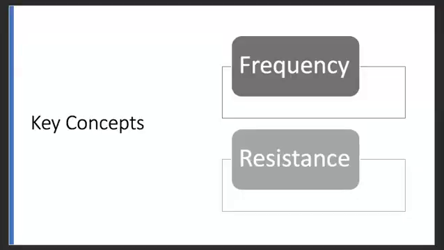When building the circuit, I utilized two key concepts that were discussed in class. The first concept is the use of frequency. When I think of a piano, the first characteristic I think of is the different sounds or tones it creates. These tones are equivalent to frequency values.